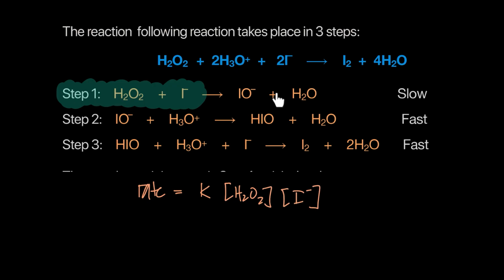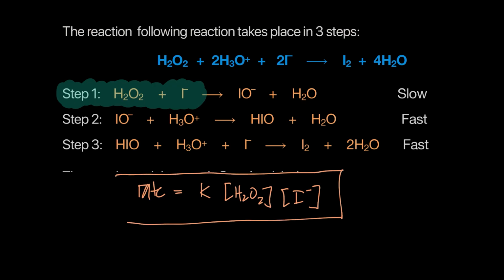That is it. And if you notice, H3O+ is a reactant, but is only coming in steps after the slow step. And another I-, a second I-, is also coming in after the slow step. So the only two particles that were involved in the slow step are going to determine the rate equation. So here, this is your rate equation for the overall reaction, and that's the one that you find experimentally.